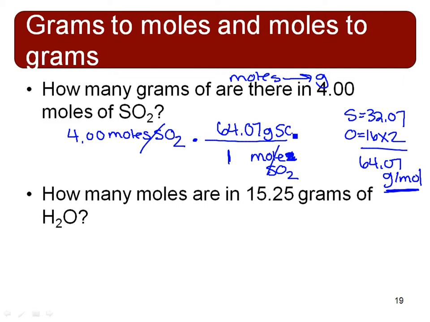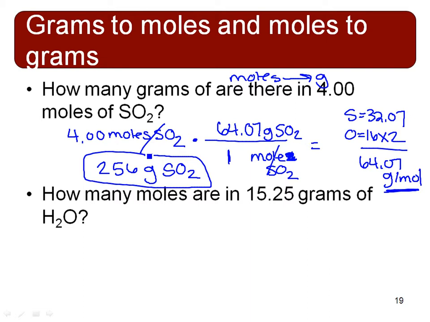We have to be sure we have our compound there. So we take 4.00 times 64.07, multiply everything on the top and divide by the numbers on the bottom, which is 1 in this case. We get about 256 grams SO2.